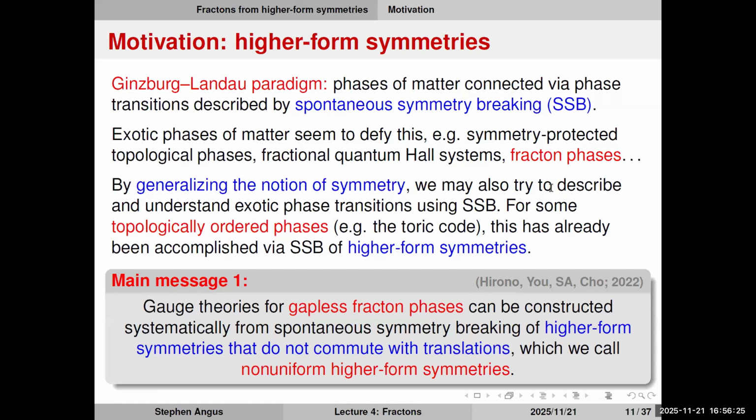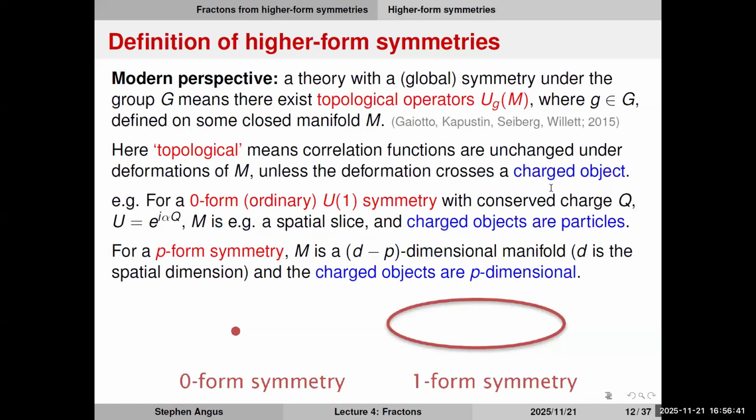And I will call these non-uniform higher form symmetries. So this is what I will build up to. Let me introduce a bit more of this terminology.